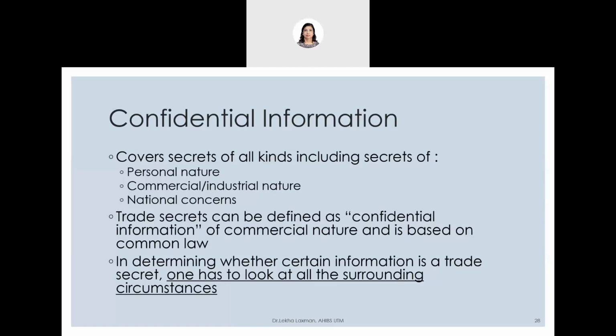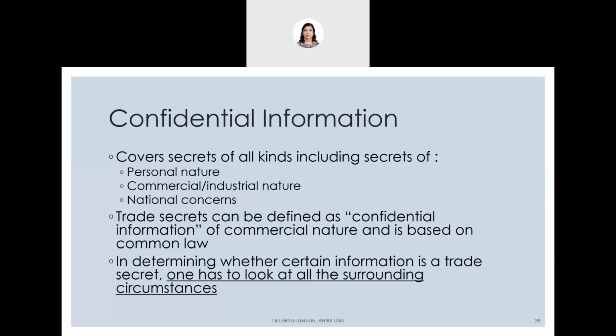Okay. So again, if you look at secrets, generally there could be a personal nature, it could be a commercial or industrial nature, or it could be something to do with national security, right? So secrets could be of all types, right? Now, but we are going to focus on trade secrets, all right? When it comes to trade secrets, we call it confidential information of commercial nature. And this particular concept had evolved in common law, right?